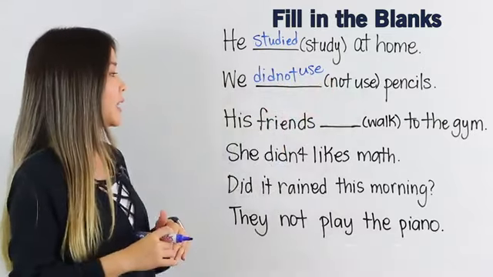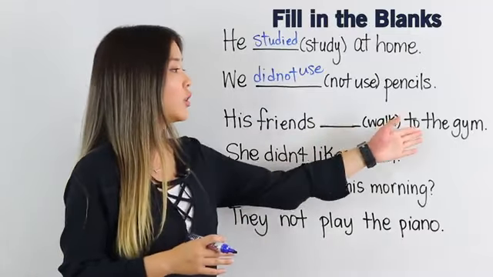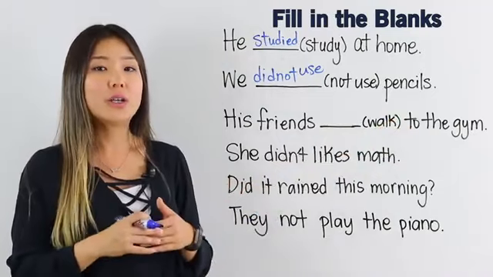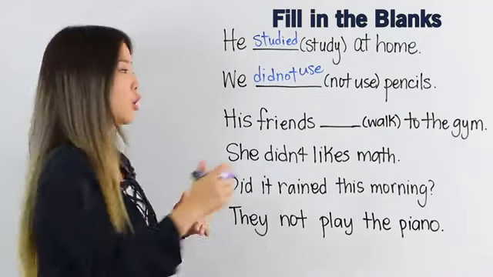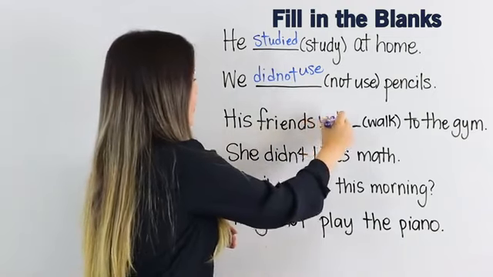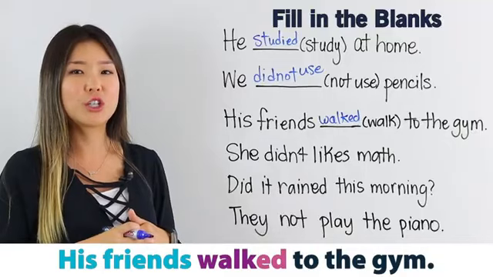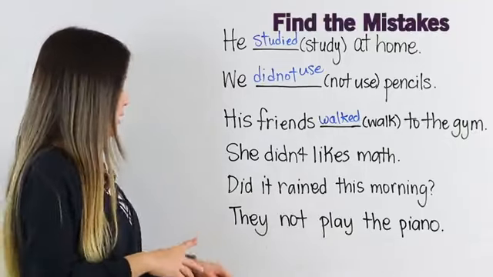The next sentence says, his friends or they walk to the gym. What's the past tense of walk? We simply have to add ed because it's a regular verb. His friends walked to the gym. Now, find the mistake in the next sentence.